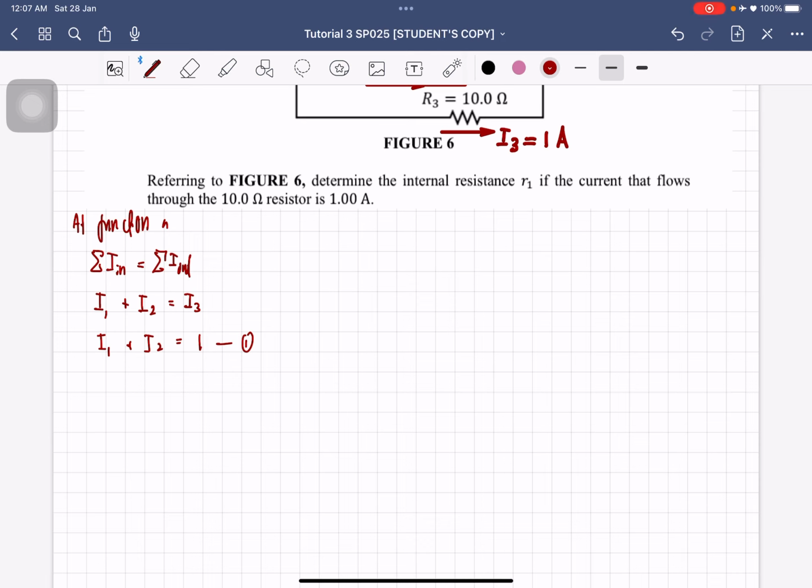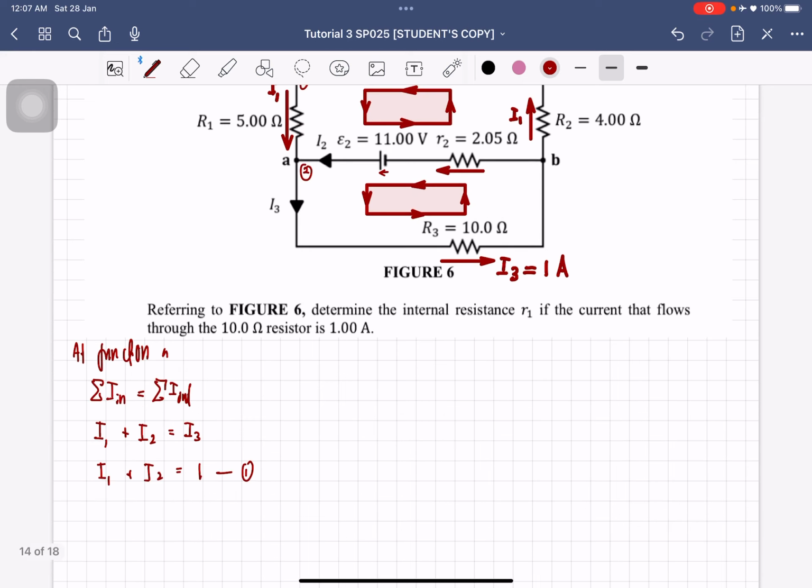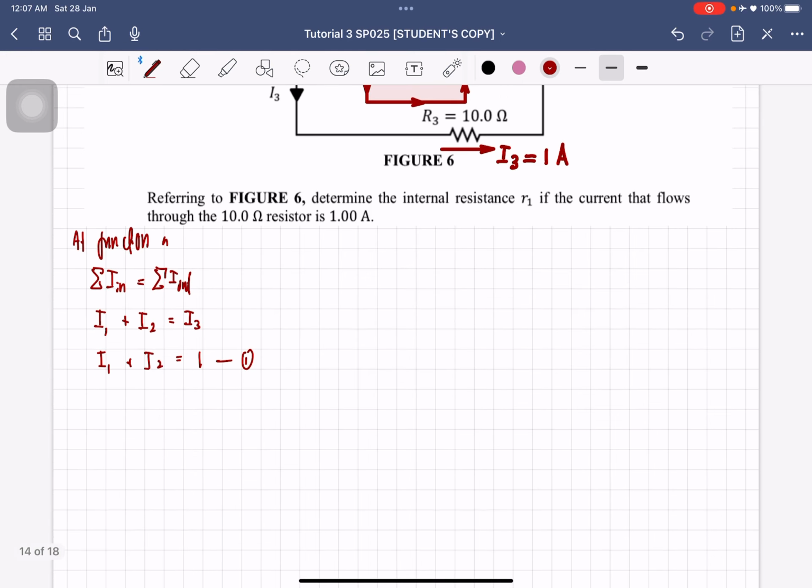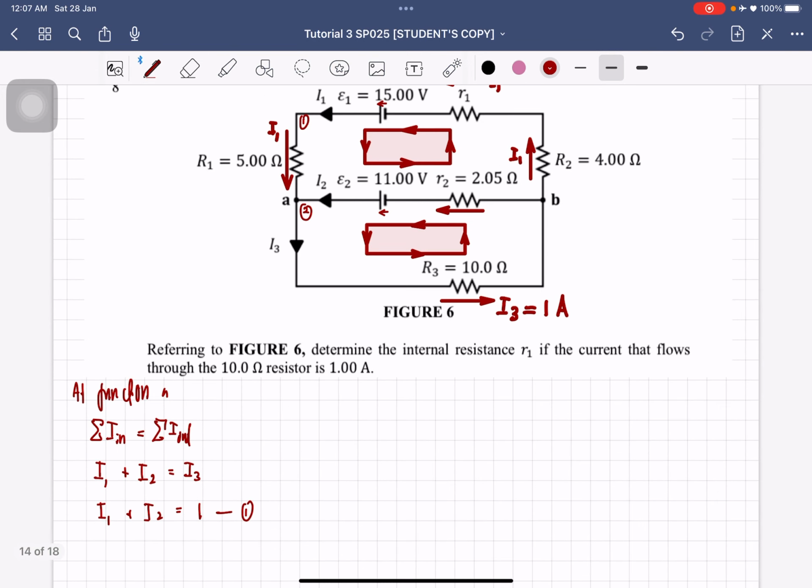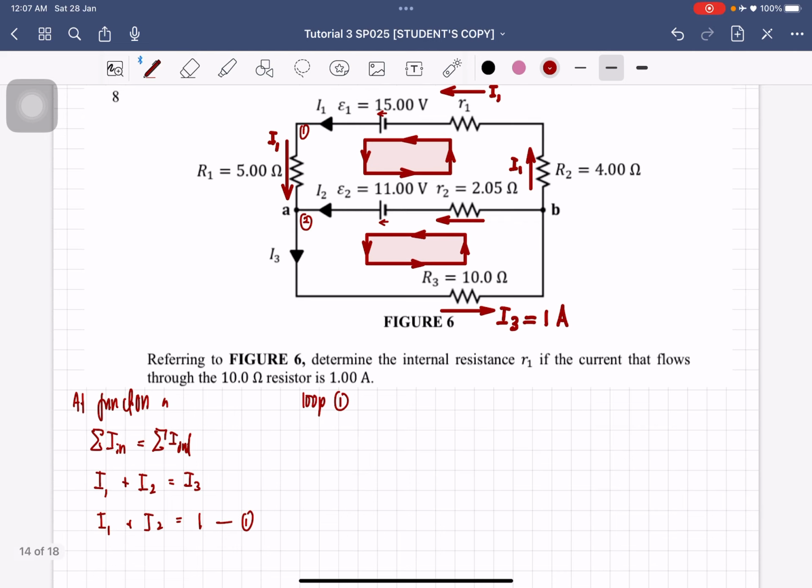Next we have to apply the loop rule. We apply the loop rule at loop number 1 first. I'm going to do it here because you can see the diagram while we are doing the equation. For loop 1, we apply the loop rule, which is total EMF equal to the total product of current and resistor.